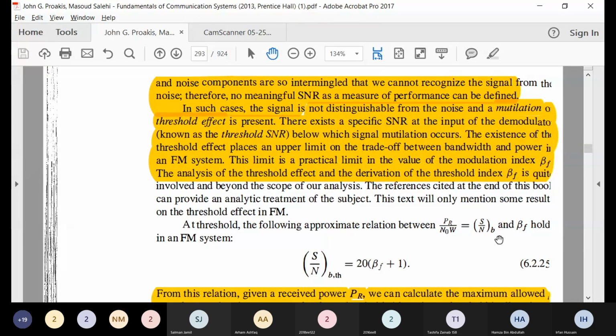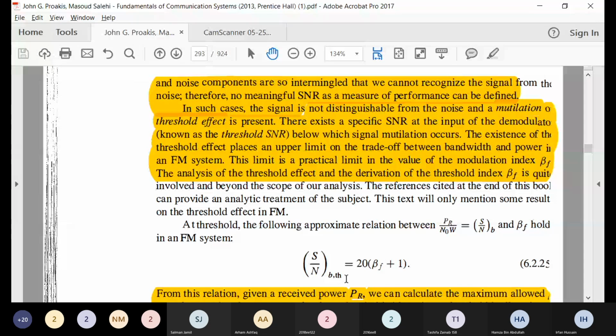So now we know the signal to noise ratio at the baseband level for baseband communication. This we saw also in AM systems. This will be the same thing that's defined in FM systems. This we also saw in the last lecture, that the signal to noise ratio at the baseband level is given as follows. This is the first definition: the threshold signal to noise ratio at the baseband level.